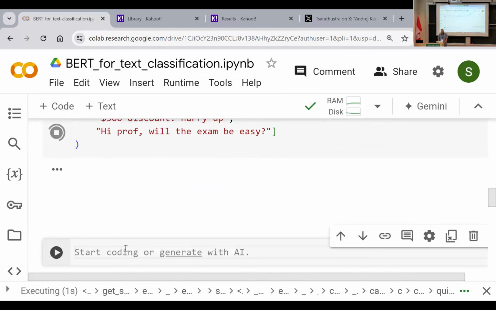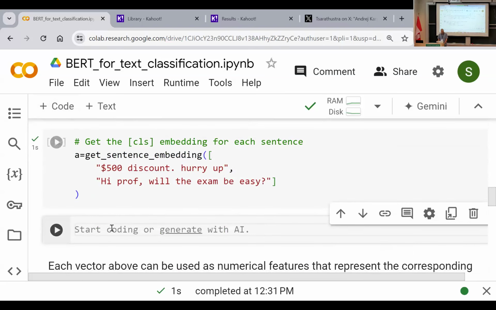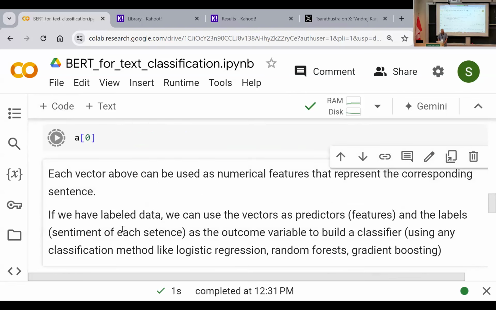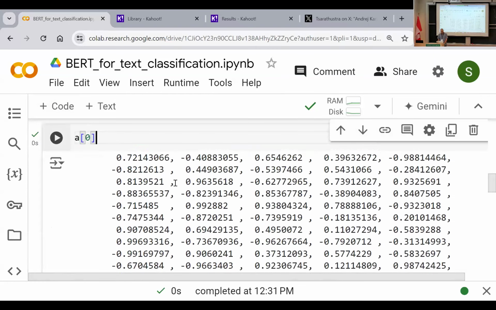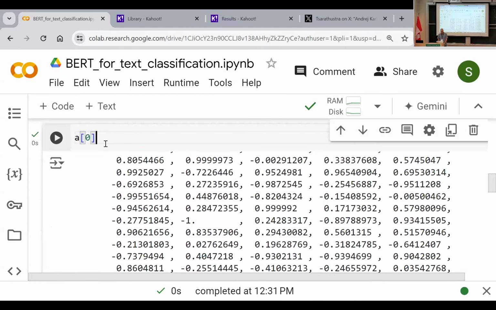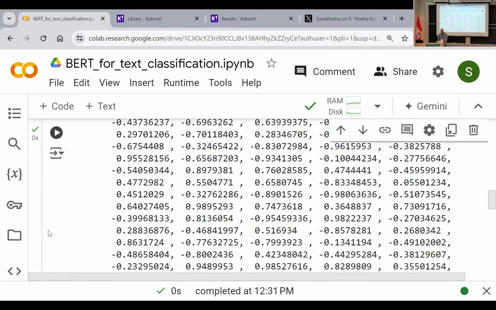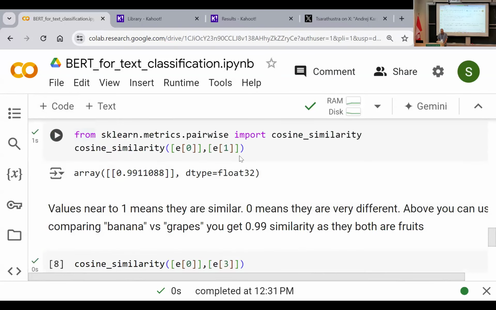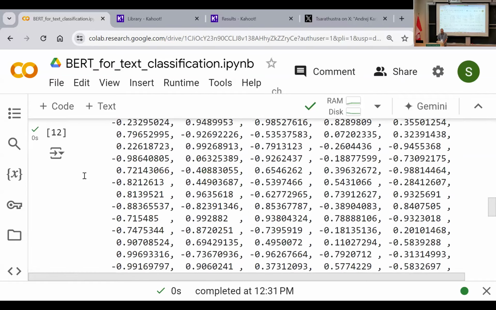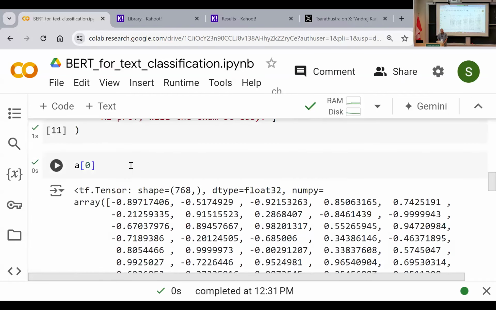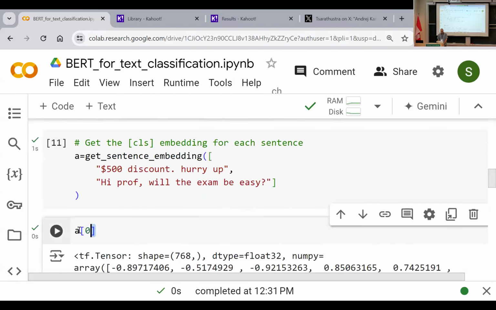Are the vectors between -1 and 1, or not necessarily? Let's see. So we have A0, right? This vector and A1, right? I just use cosine similarity. Probably, I mean, they should not be similar. Let's see.